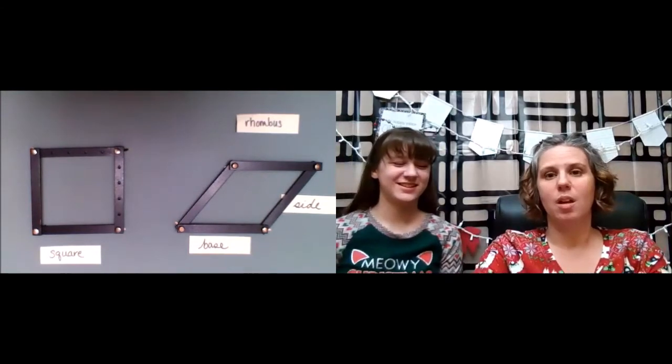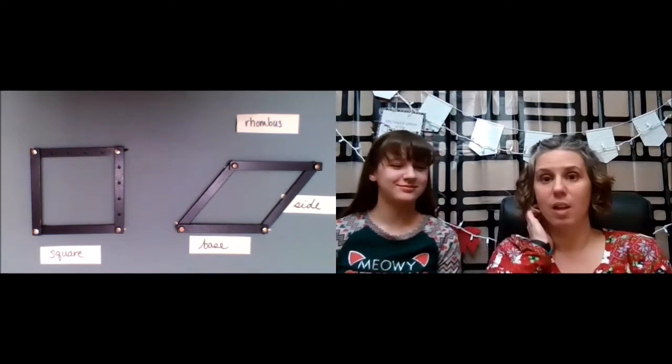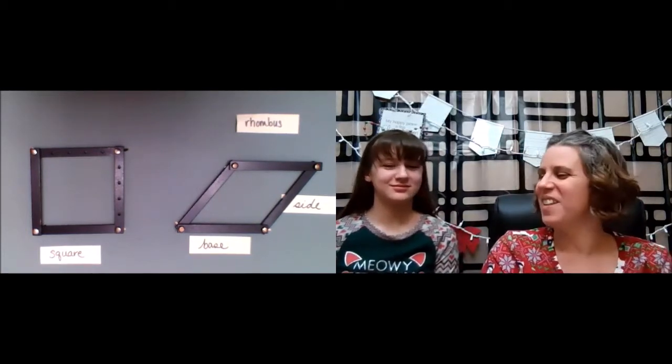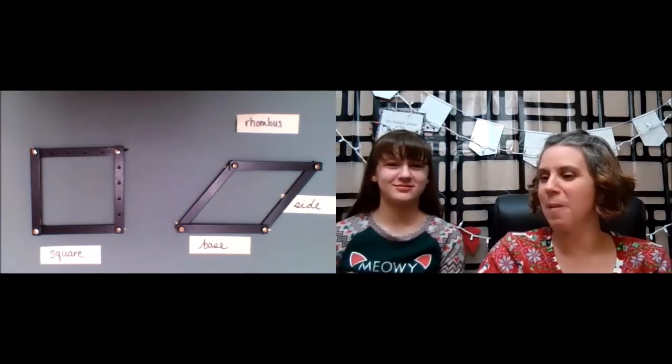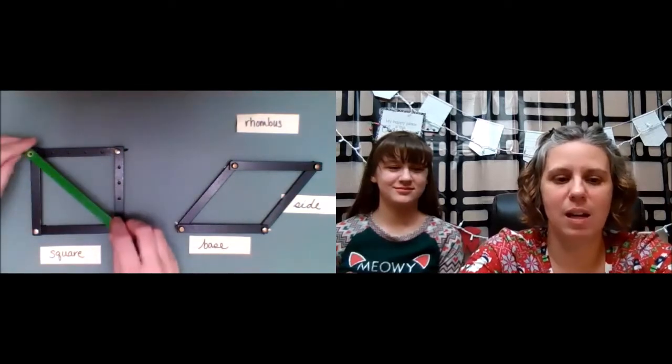Okay. So now we have another part to talk about. And this is the part that's going to show us what's different about the square and the rhombus. We talked so much about rectangles. Okay, so I'm going to add another piece to our square. This right here, we'll go this direction.